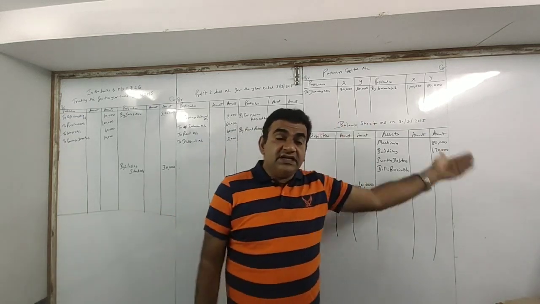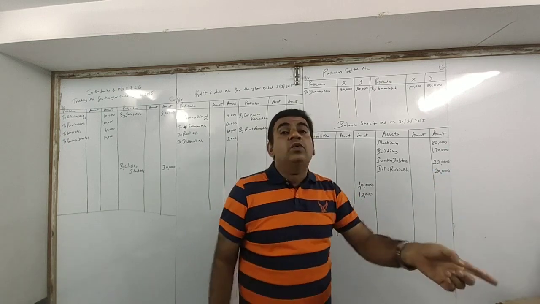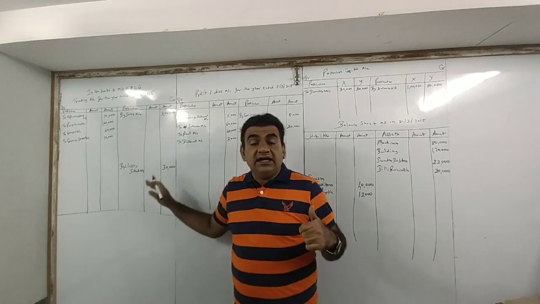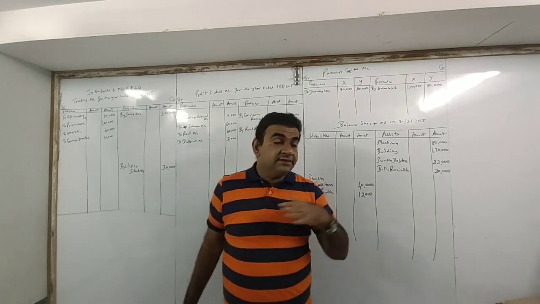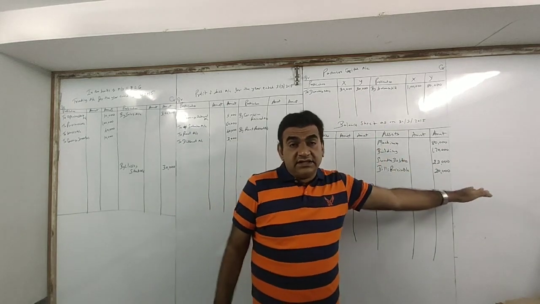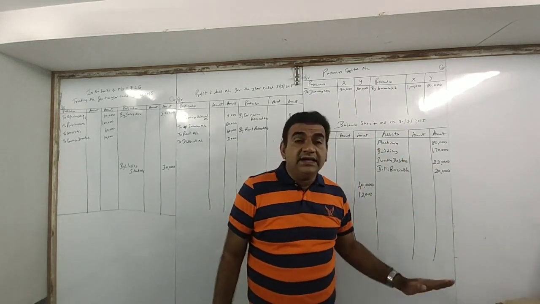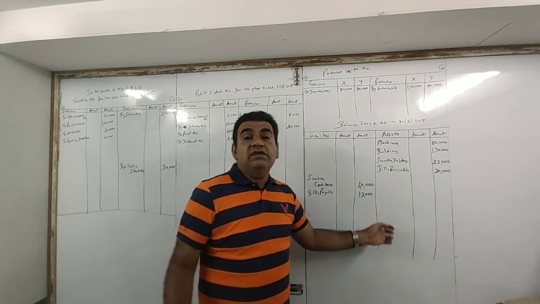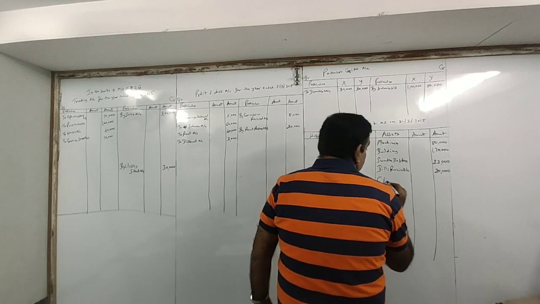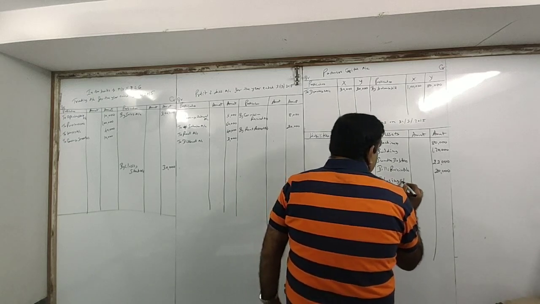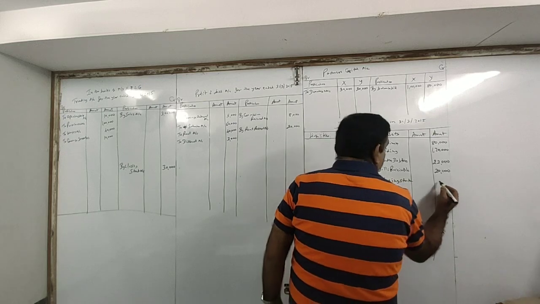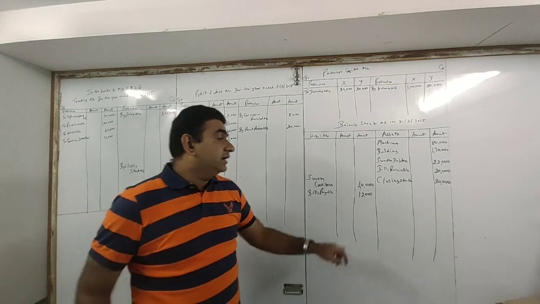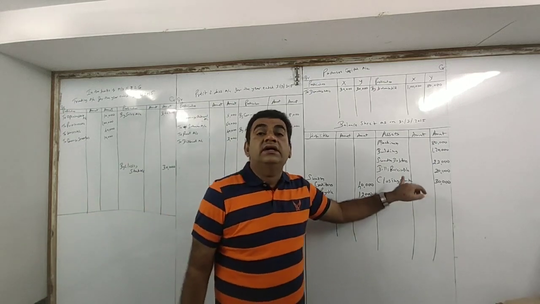Because next year I will be using it without buying. So this closing stock, since it is lying unsold with me during the current year, I will take it in the next year, and therefore for the current year it will be an asset, and because it's an asset, you will record it on the asset side. So come to the asset side, right there, closing stock 30,000.